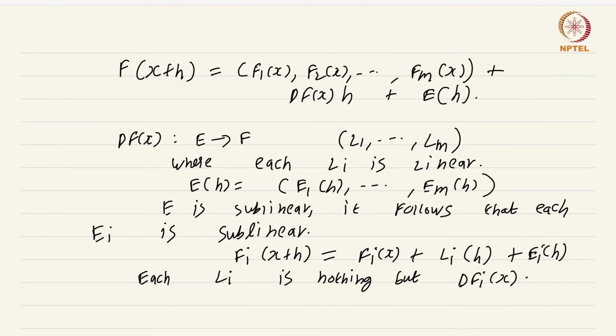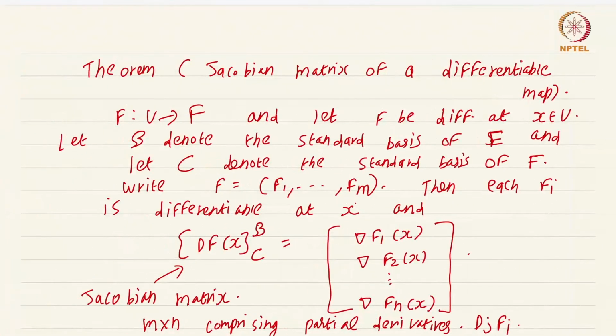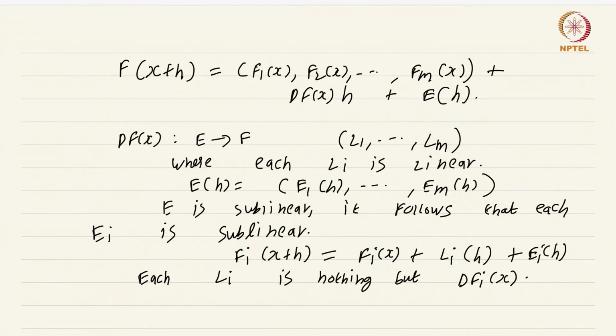The fact that the matrix of dfx with respect to the standard basis is going to be just the various gradients of fi's follows from the fact that we have proved earlier that if you have a scalar valued function of a vector variable, then the matrix representation of the derivative map is nothing but the gradient. Putting all this together, we are done.